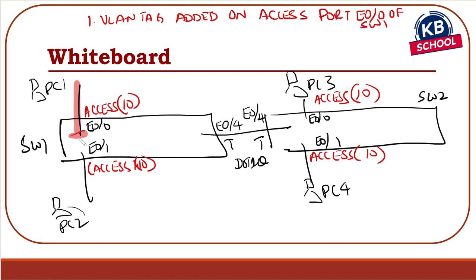Switch 1. So now it has that frame forwarded. Frame forwarded to whom? To switch 2 over trunk.